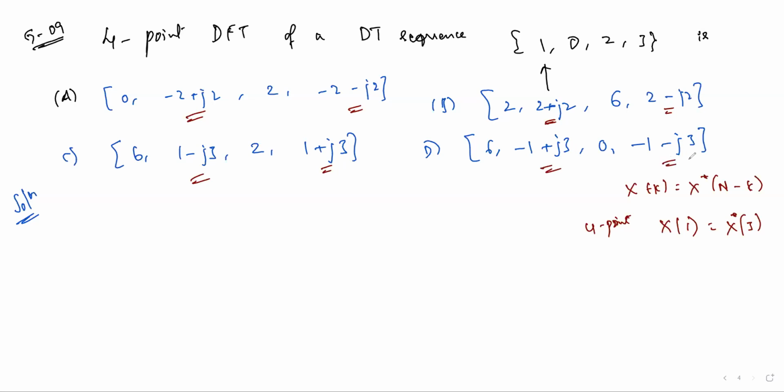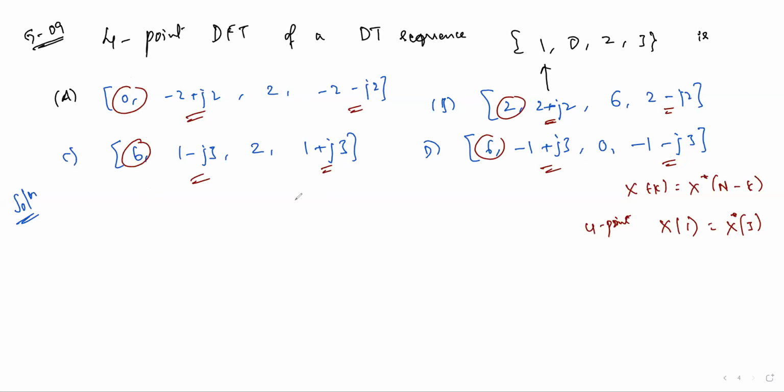That means we need to verify only the first and third elements, and check whether they are different. Logically, the first element here is 0, here 2, here 6, and here also 6.